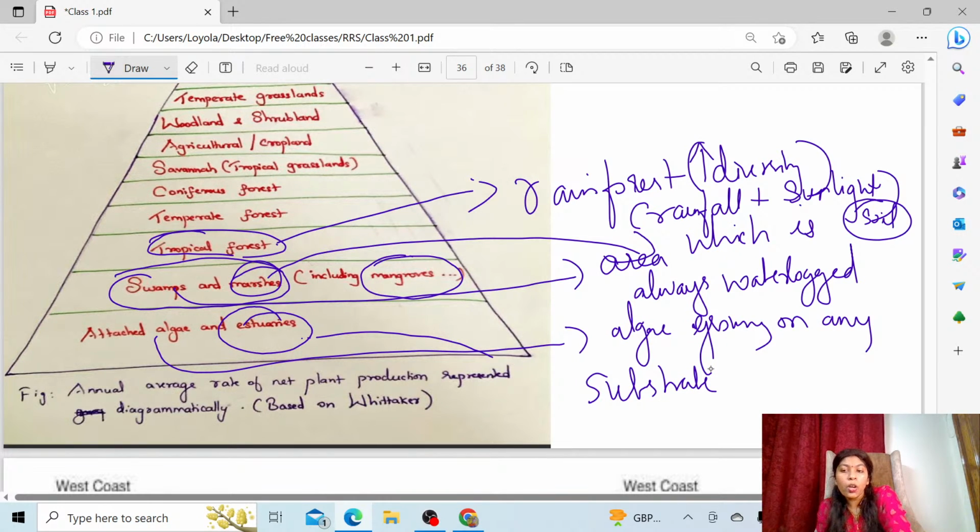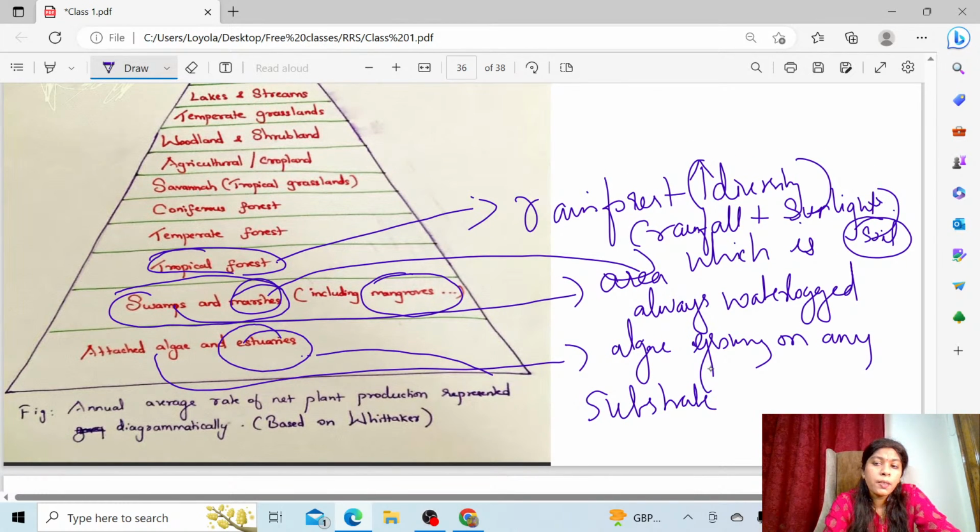Again, this rainforest soil is rich in microorganisms. A lot of microorganisms are present in the soil, because a lot of detritus is falling from the forest, from the trees. We are getting dead leaves and all, and the microorganisms decompose them. The detritus is higher here, and nutrients are always higher in the rainforest. But now, when the trees are removed, the soil is directly exposed to rain and to sun. This will kill the microorganisms.